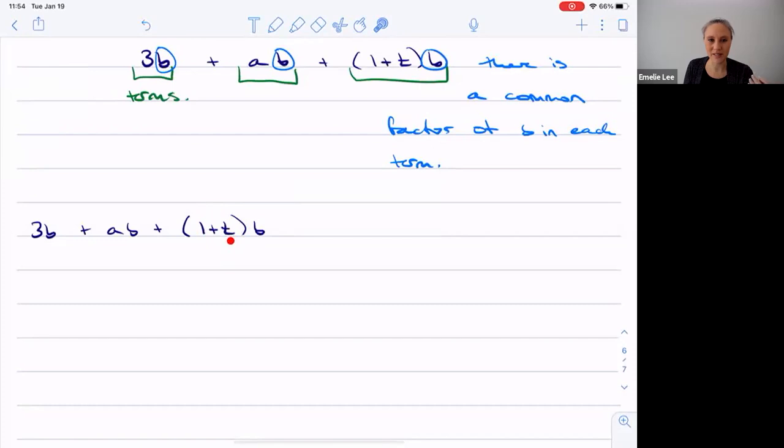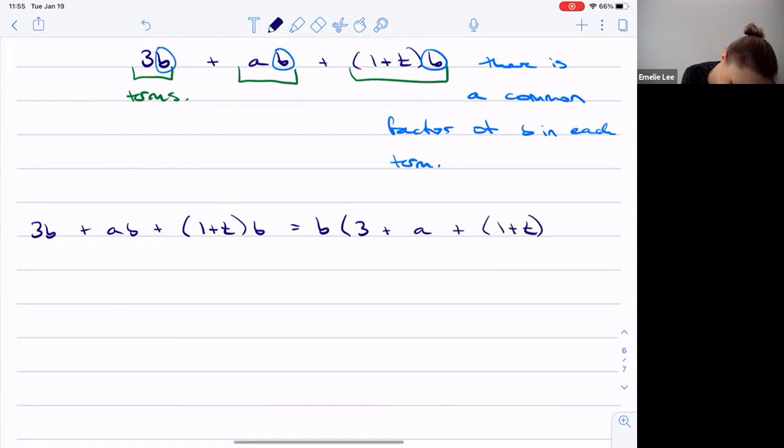I'm not going to do that because that would be working against my factoring, but it's allowed, there's no harm in doing that. Here I'm saving myself a step by treating this 1 plus t as if it's one thing, because I've already got that common multiple of b outside. So this becomes b times, and then I list all the things that b is a multiple of: 3 plus a plus, and I'm going to keep 1 plus t in brackets just to emphasize that it's one thing.